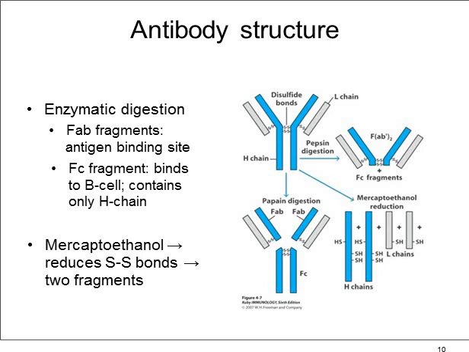The Fc fragment binds to the B cell and contains the H chain only. We can actually use mercaptoethanol to reduce the disulfide bonds to produce two fragments here. This is very useful if we want to do research on the antibody structure, but you don't need to worry about this in terms of function.